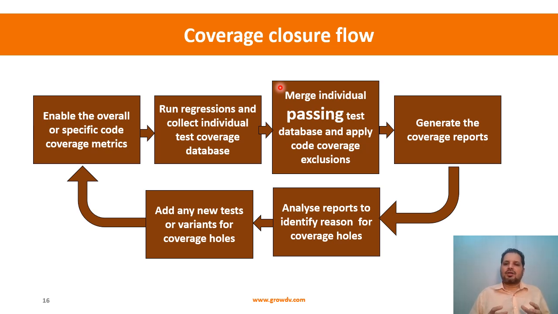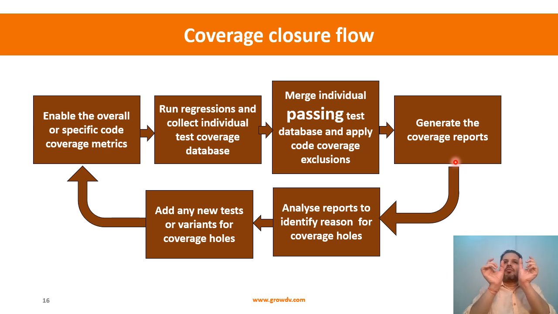We take all passing test coverage databases, take the exclusions, and put them together and merge them. The simulators provide commands to do this, and then we generate the final coverage report. That final coverage report, across all our regressions with all our exclusions, will tell us the final value of the code coverage and the final value of the functional coverage.